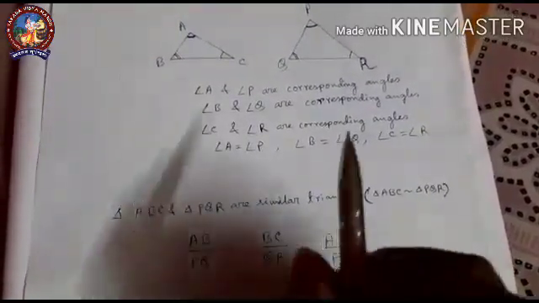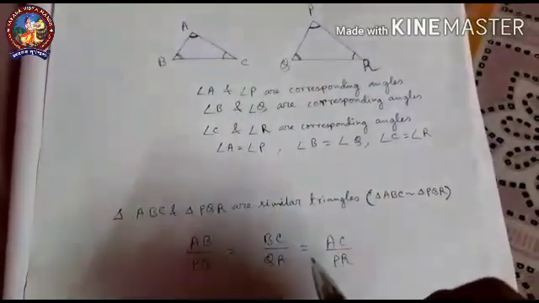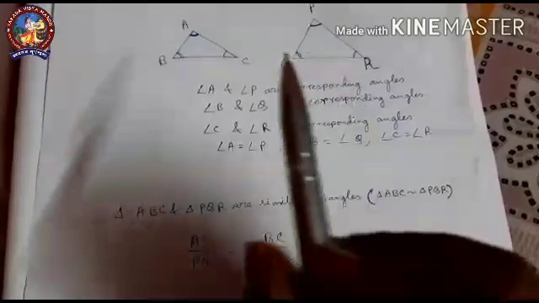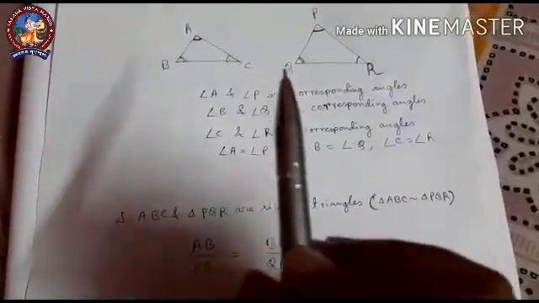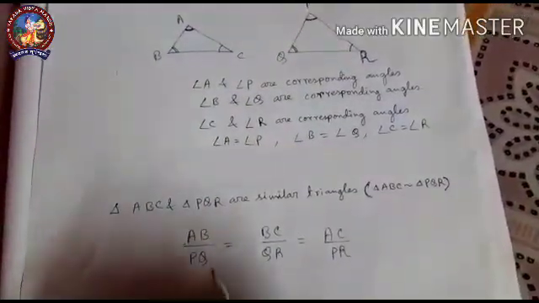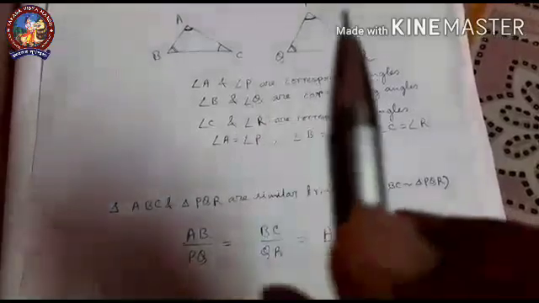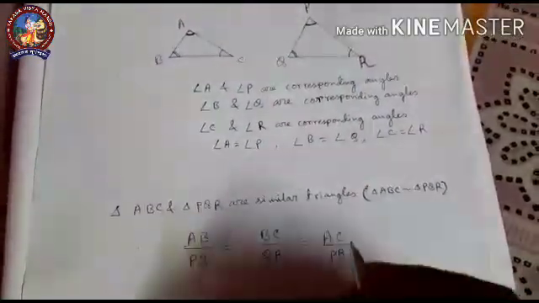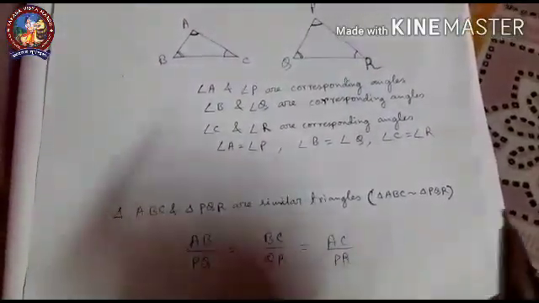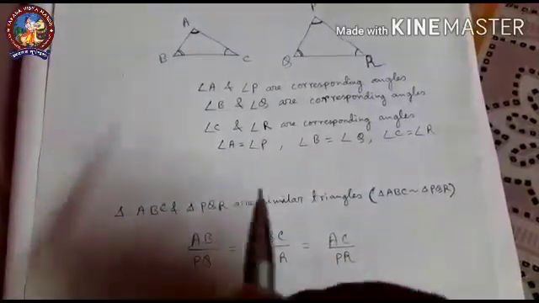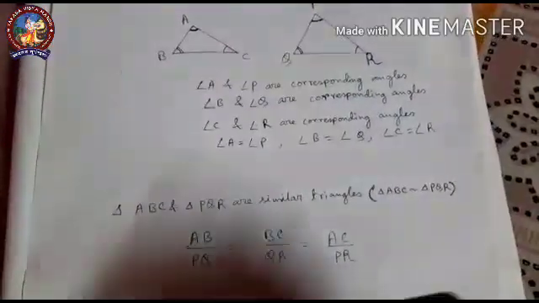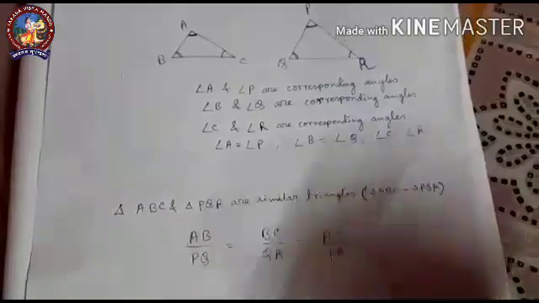BC and QR are the corresponding sides of these two triangles, and AC and PR are also the corresponding sides of these two triangles. So the ratio of the lengths of the corresponding sides of these two triangles must be equal if these two triangles are similar to each other.